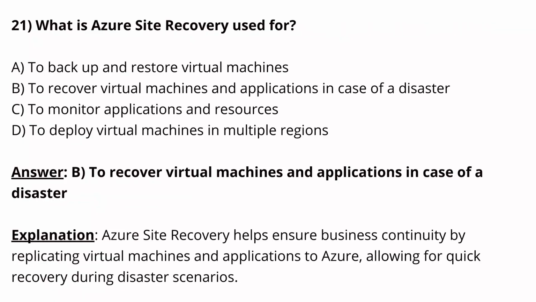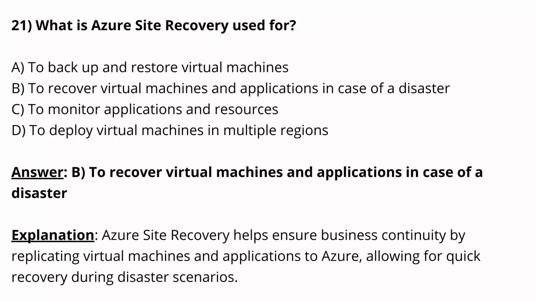Question number 21. What is Azure Site Recovery used for? Option A, to backup and restore virtual machines. Option B, to recover virtual machines and applications in case of disaster. Option C, to monitor applications and resources.